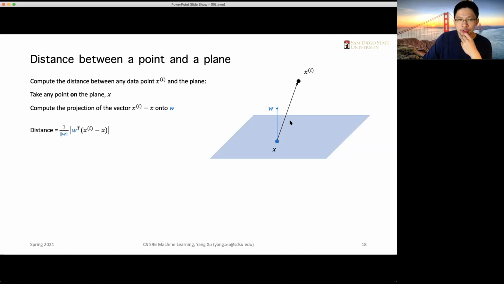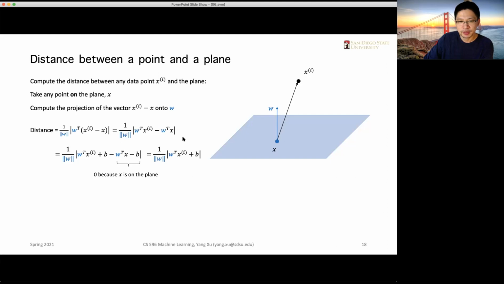By projecting the vector from x to xi onto the vector W, we're able to compute the distance, normalized by the length of W. We use the special constraint that we placed at the very beginning: if xi is the nearest data point, then the absolute value here should be 1.